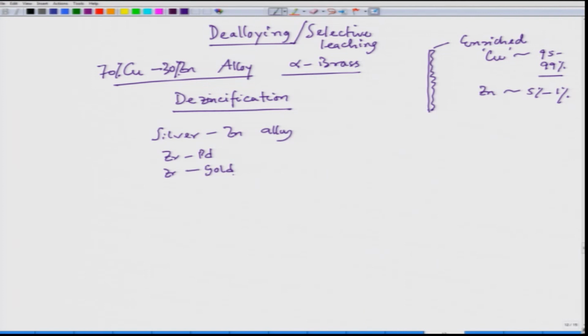In all those cases we do see dealloying, and for example, here zinc goes out and silver is left out. So, a silver enriched region is formed. These two are typical examples of metallic glasses.